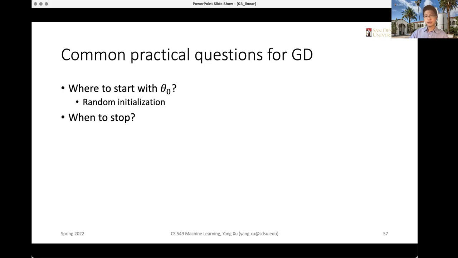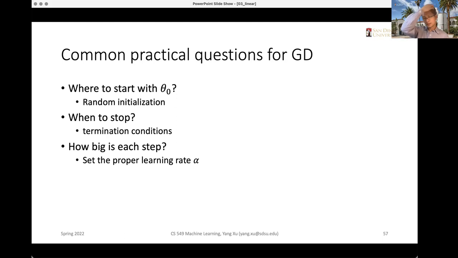And the second question is when to stop, right? That's a very critical question because we don't want the algorithm to run forever. There must be a point where we are satisfied with the results. And also how big each step should be.